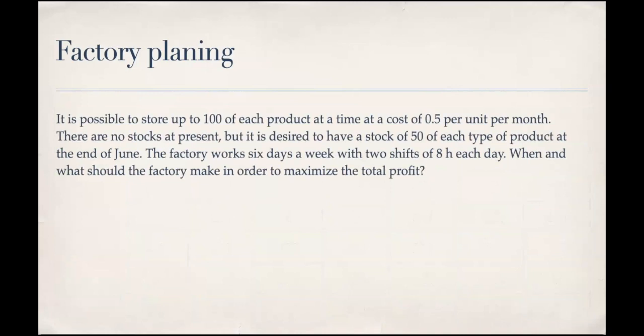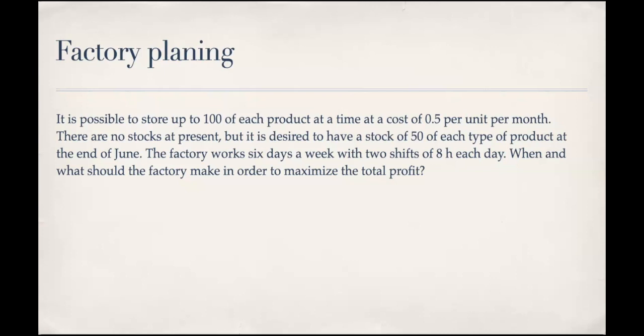It is possible to store up to 100 of each product at a time, at a cost of 0.5 per unit per month. That means you can produce your product in advance for later delivery. However, you have to pay for stock.